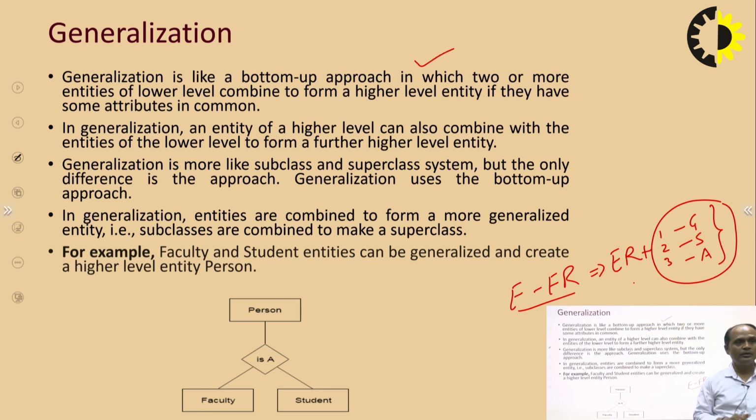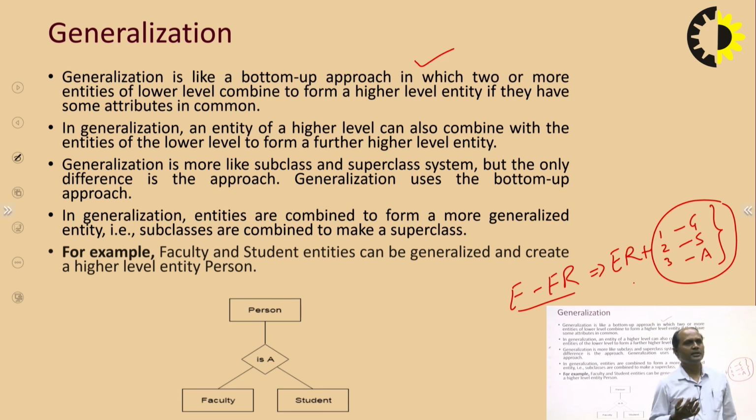Once we have drawn the ER diagram by finding the entities, we can use these 3 major characteristics, and that is called an extended ER diagram. So let's talk about generalization.